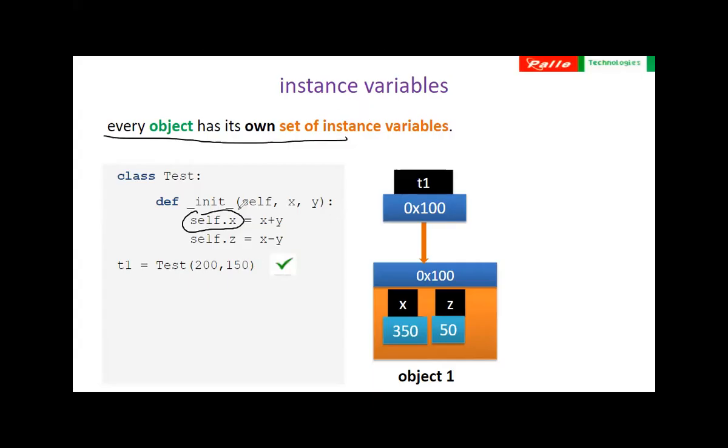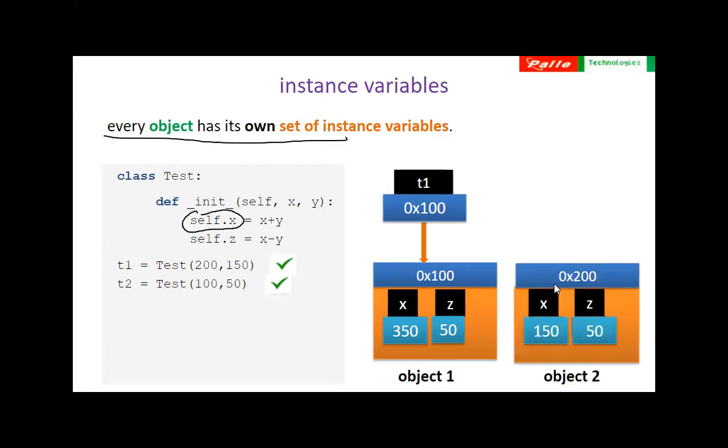Now I will write T2 is equal to test 100 comma 50. Now tell me what it will do. It will create one more object, the address will be given, and it will store its own variables, its own x and its own y.